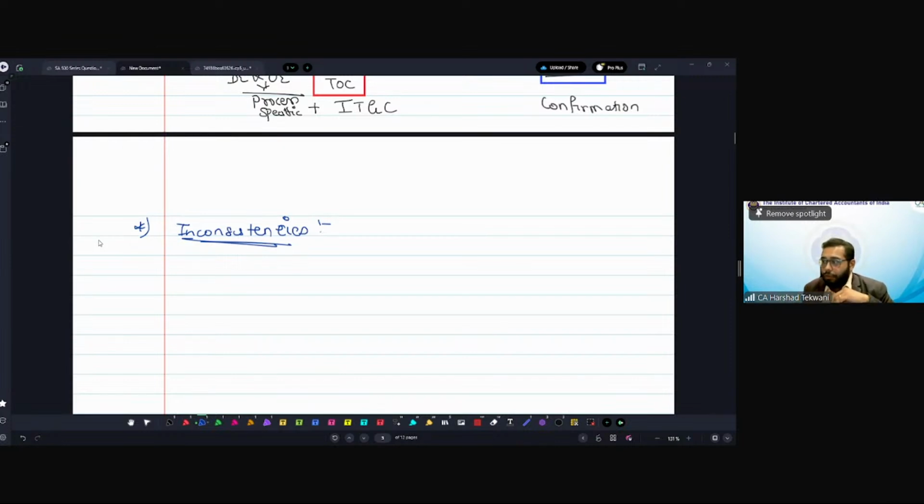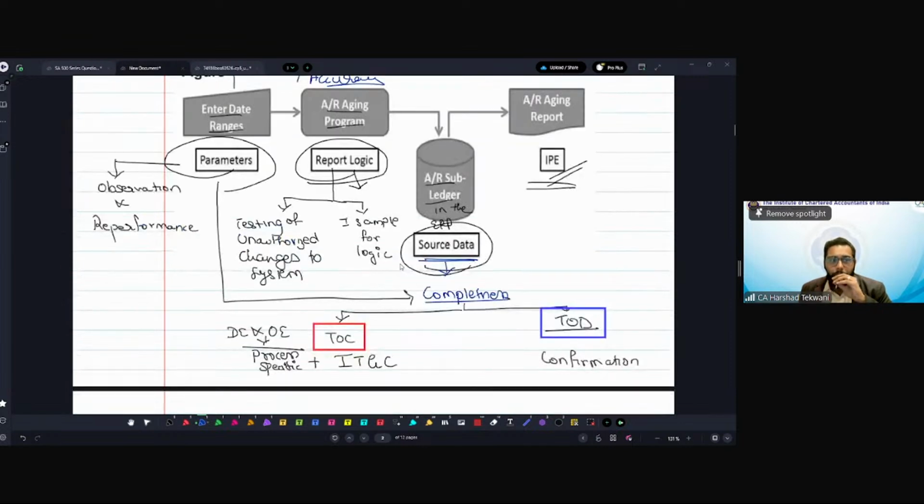Anything else you would perform? Or what is the impact of this particular inconsistency? Let's say, for example, over here, the AR aging report that you prepared gave you, in a hypothetical example, that there was an ex-customer whose AR was, let's say, rupees 50 lakhs.